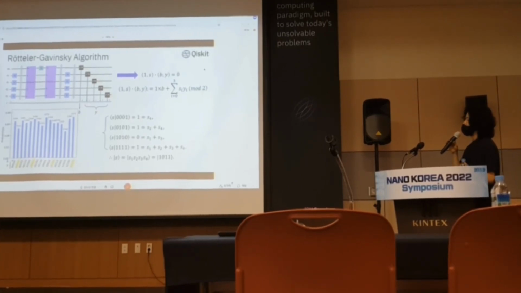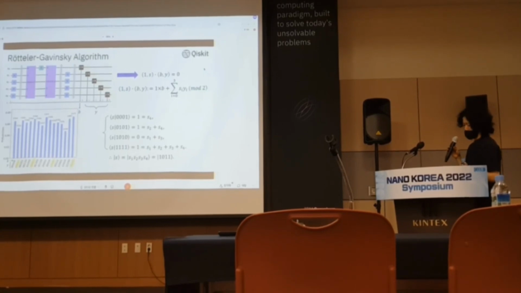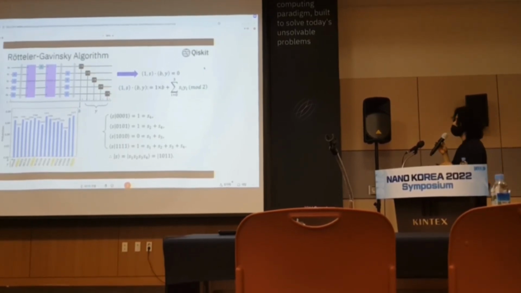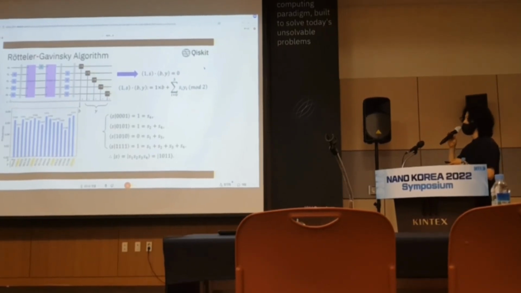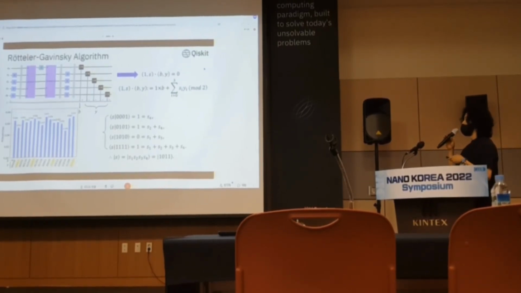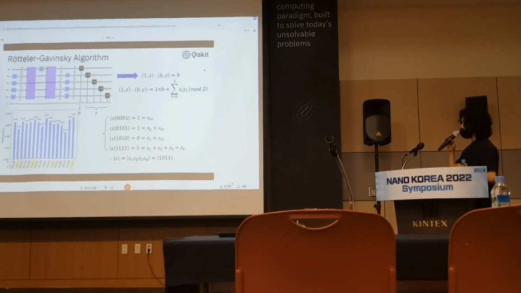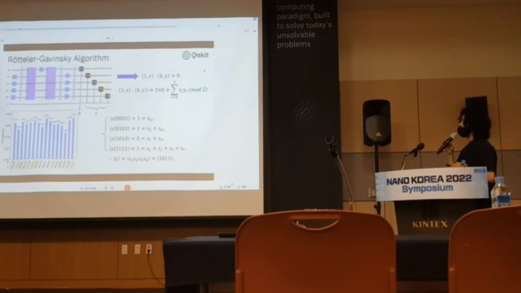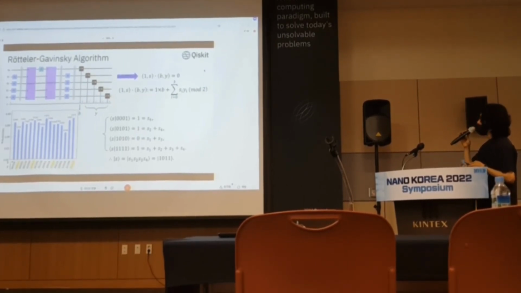After the measurement, we get a bit string b, y, and this is not the answer itself. In the previous algorithm, we get the s state after measurement. Instead, in this case, the bit string b, y is orthogonal to 1, s.